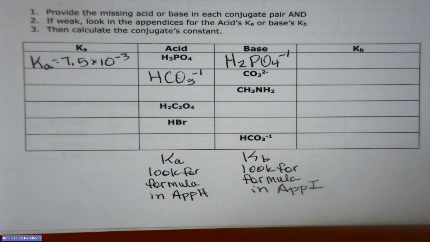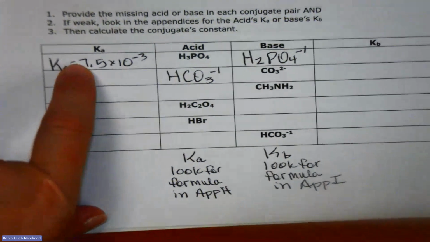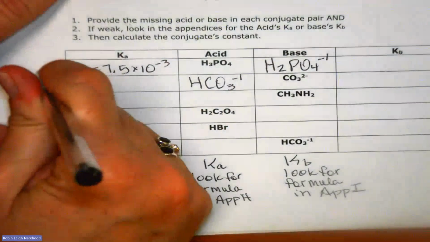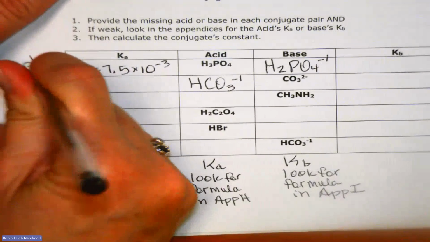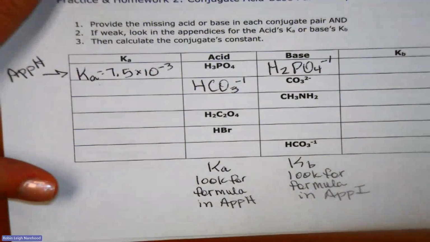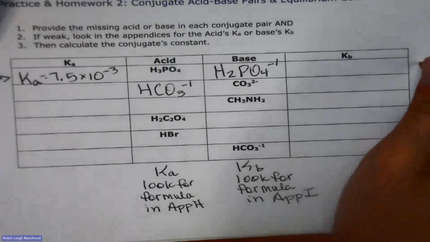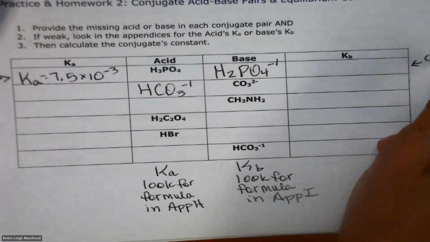You can look one of them up or be given one of them, and then you use that to calculate the other. And so this is the one that's in the appendix. This is in appendix H. Okay. And so this one we have to calculate.